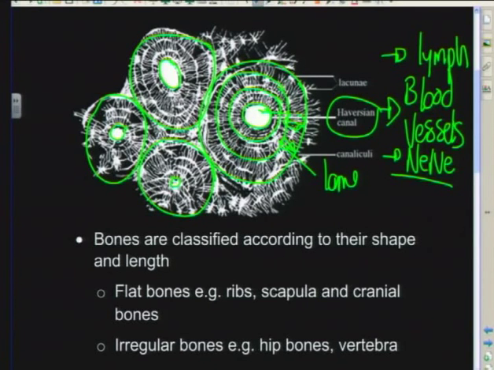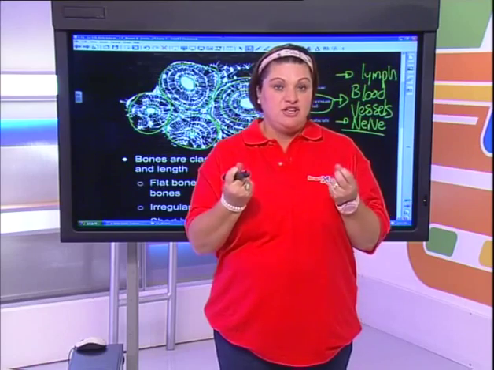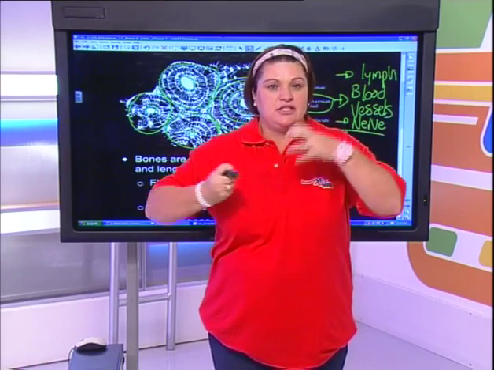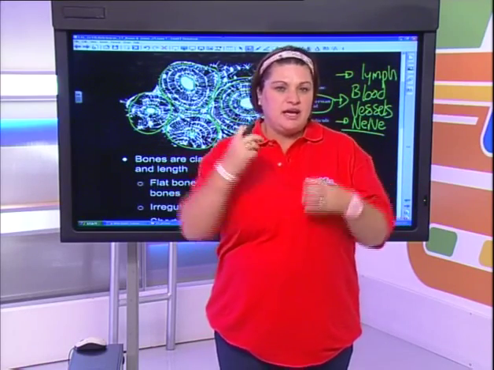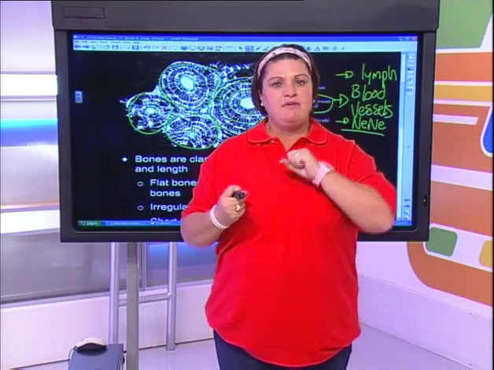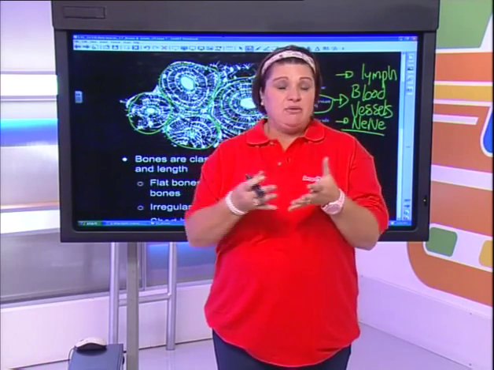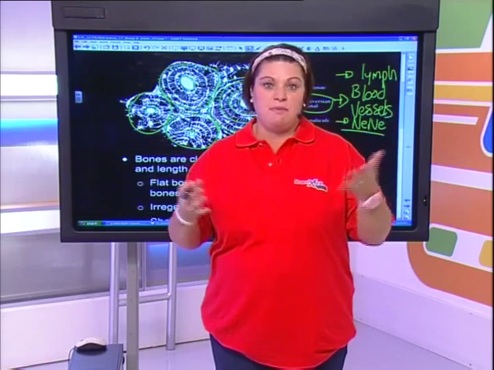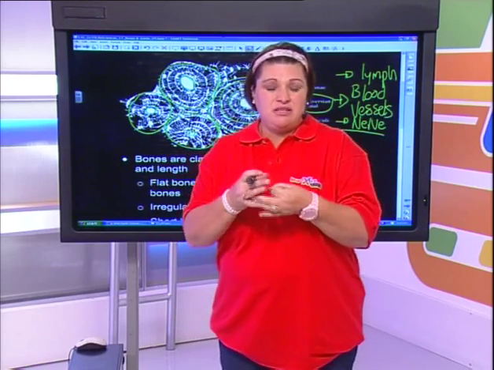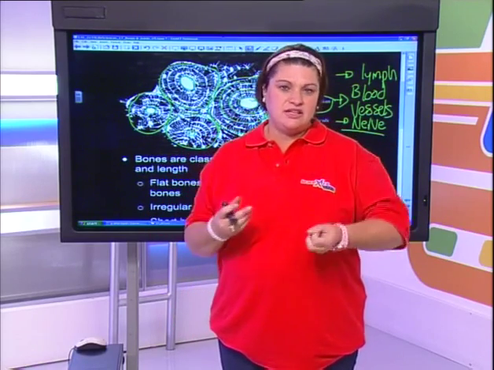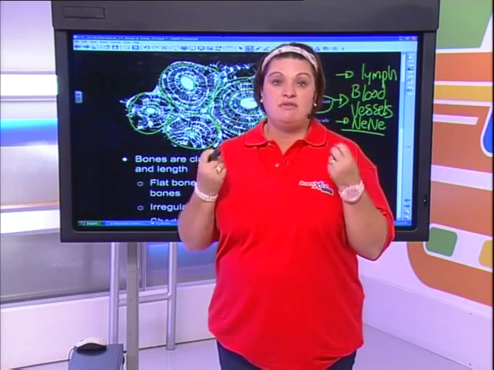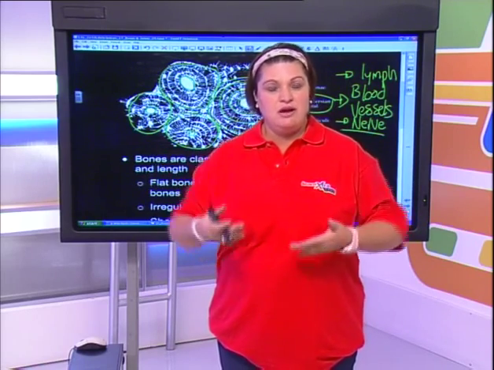In between that is all the bone tissue. And remember, bone is hard. The salts that are in bone, the calcium, the phosphorus, the magnesium, instead of being in a liquidy form or dissolved in, for example, blood, are going to be solid, almost in crystal form. That's going to give bone its hardness. Remember its function: protection, support.